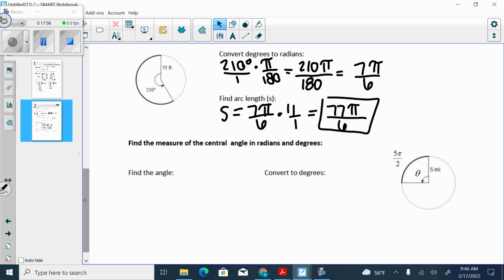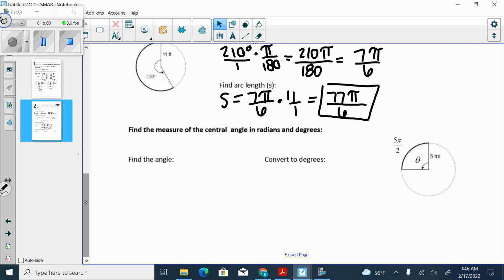All right, last example. Our last example says to find the measure of the central angle in radians and degrees. Well, first they say to just find the angle because we don't know what it is in radians or degrees right now. But they did give me the arc length. They said that the arc length is 5 pi over 2.